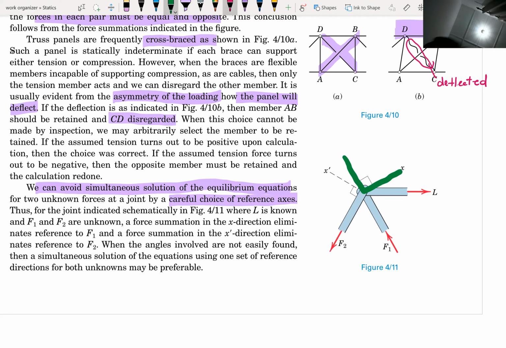So L we know, the value is L. F1 we don't know the value of the force.